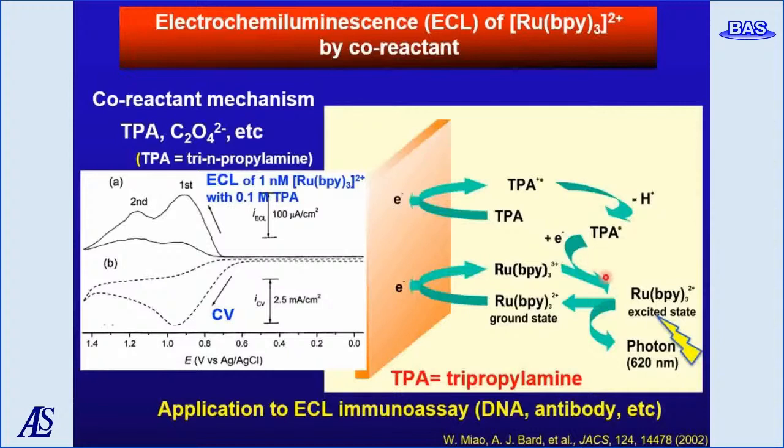This radical reduces ruthenium bipyridine 3 plus to form the excited state ruthenium bipyridine 2 plus. This ruthenium 2 plus TPA system is used in many biological applications, including many commercially available bioassay devices.